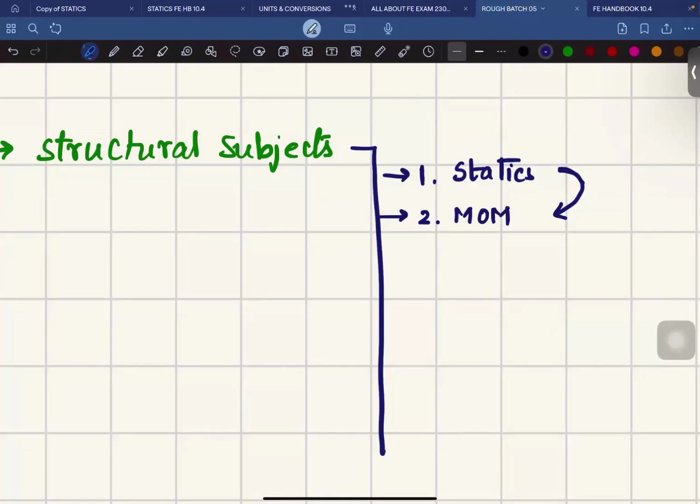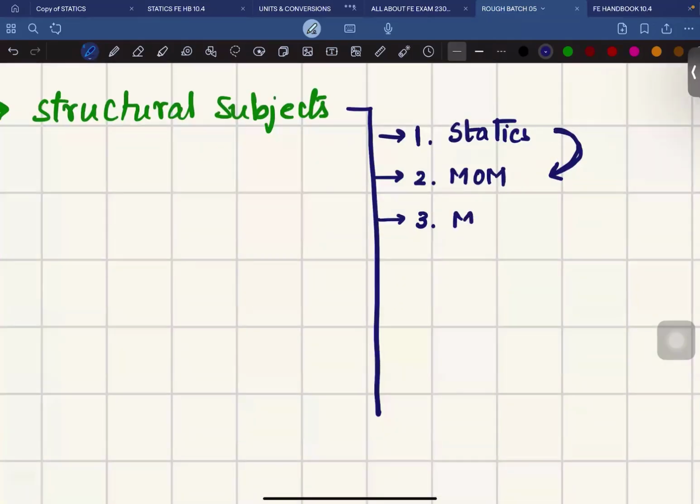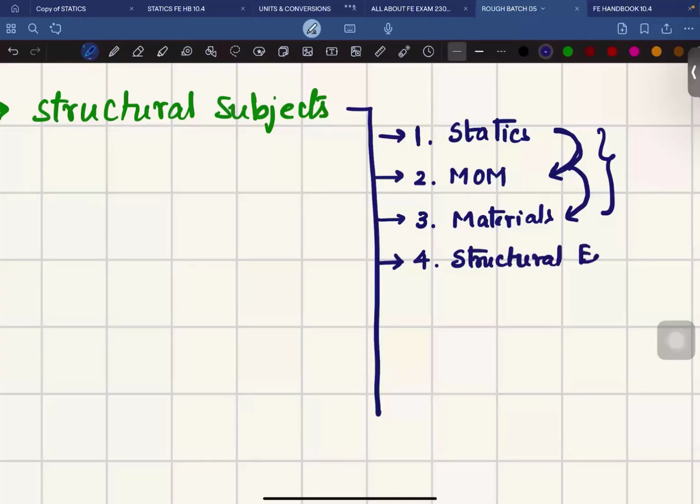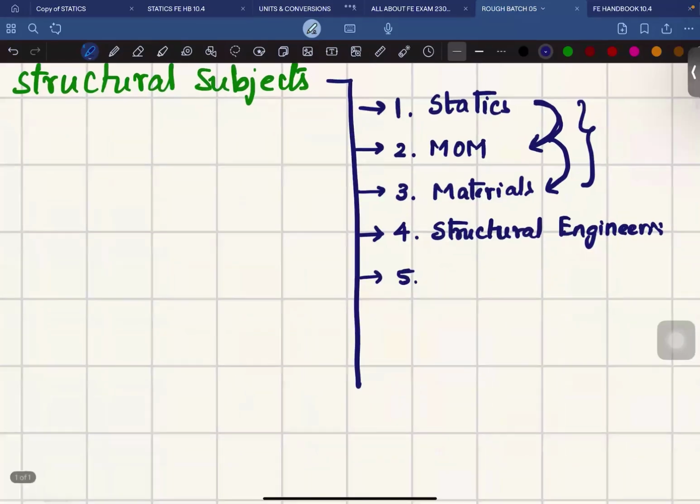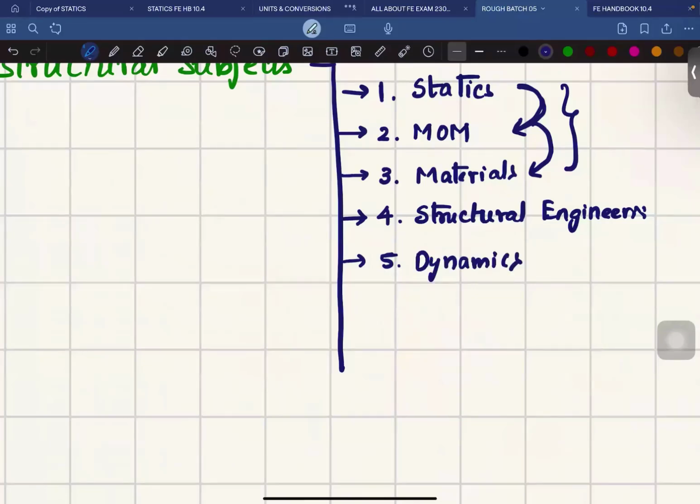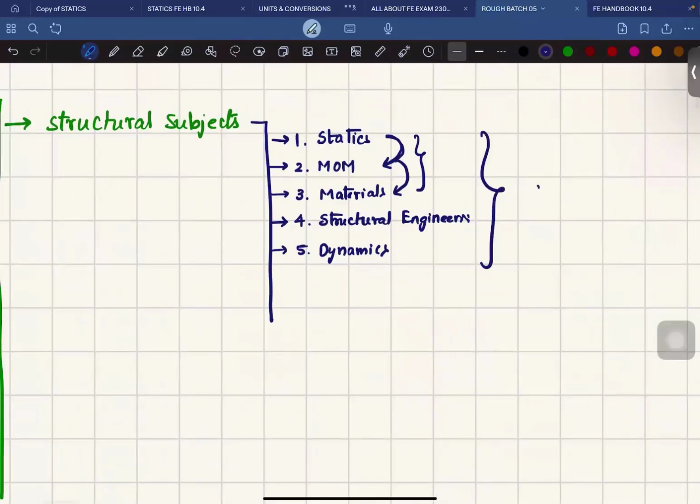It is just like an upgraded version of statics. After studying statics, we'll study materials. It's like knowing what is concrete, what is steel, and so on. After studying all three, we can jump into the main hero of the structural subjects, that is structural engineering. And then I'm going to teach the fifth subject, that is dynamics. So this is all about the structural subjects.